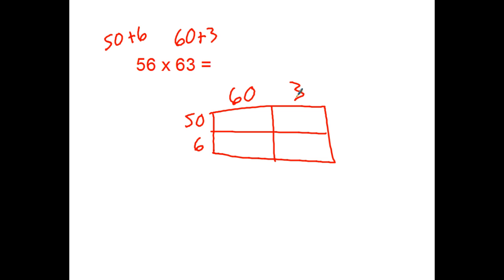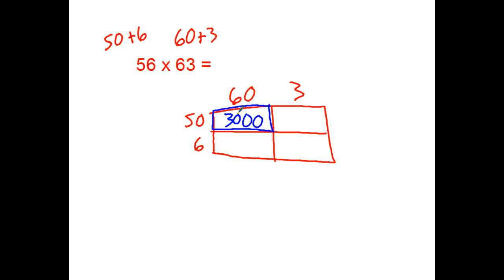And if I were going to make these to scale, this square right here, or this rectangle, would be huge compared to the 3 by 6 rectangle. But since we know that it's just to get the numbers in here, I don't have to make one side be a lot bigger than the other one. So start right here at the top, 50 times 60, 2 zeros, 5 times 6 is 30.